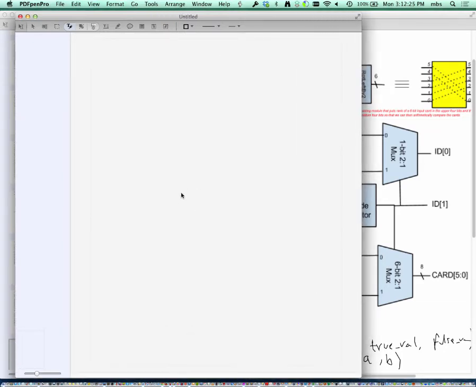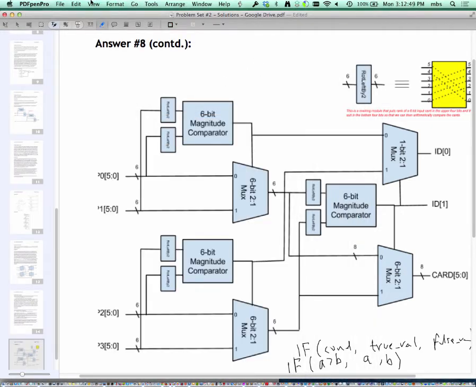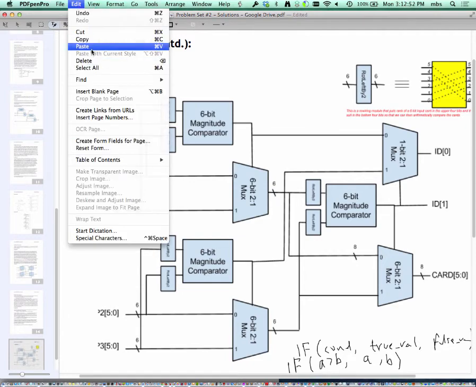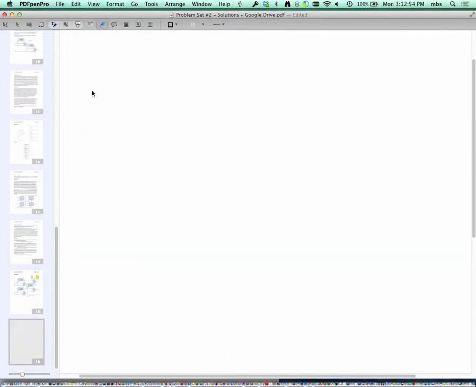I could have implemented the system with inputs P0, P1, P2, P3.